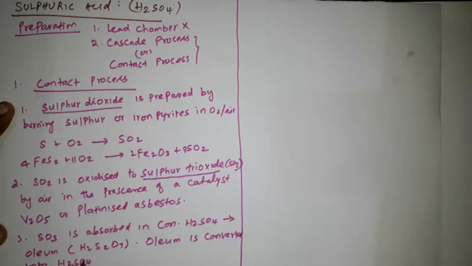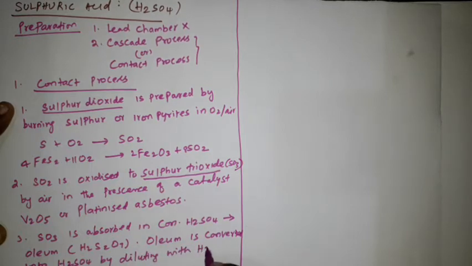So we are going to make sulfuric acid only. So SO3 we are adding with concentrated sulfuric acid, and we are producing oleum. This oleum is converted into sulfuric acid by diluting with water. Okay.